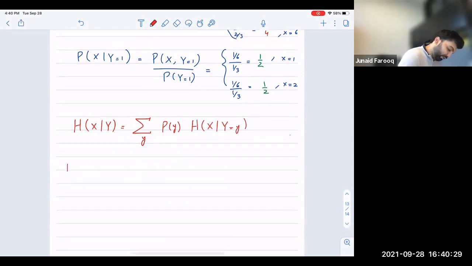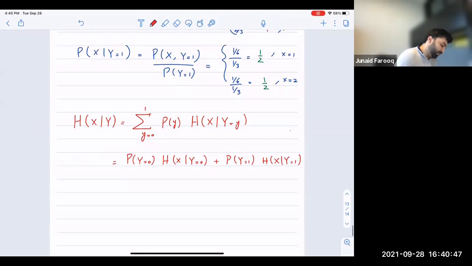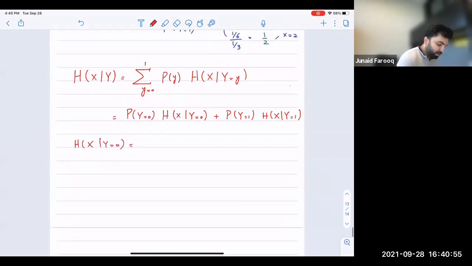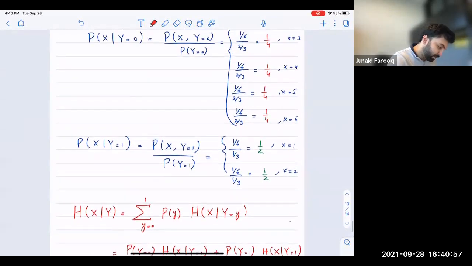Now h of x will eventually be probability y0 times h of x given y0 plus probability y1 times h of x given y equals 1. So what remains is basically finding h of x given y equals 0, right? Which is simple because you have the densities.